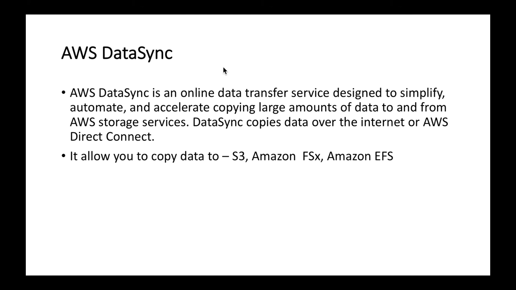Direct Connect is nothing but a connection between your on-premises data center and the cloud. DataSync provides you a client, so you install a client in your data center, and that client lets you copy the data to AWS.